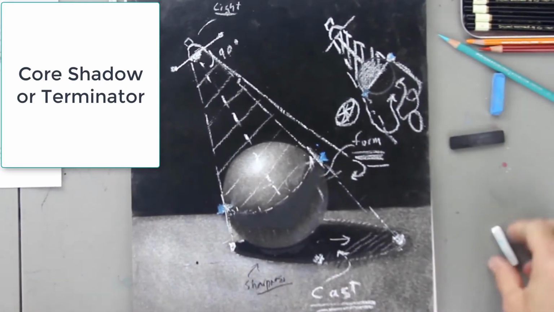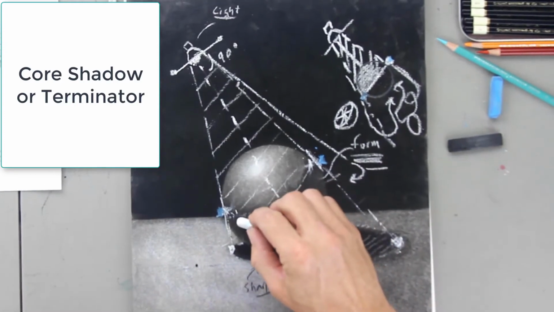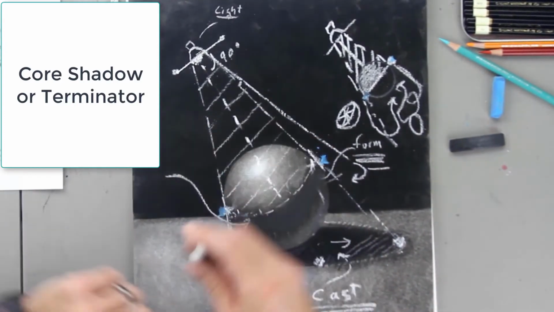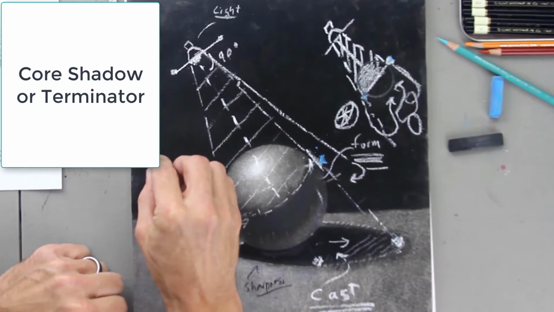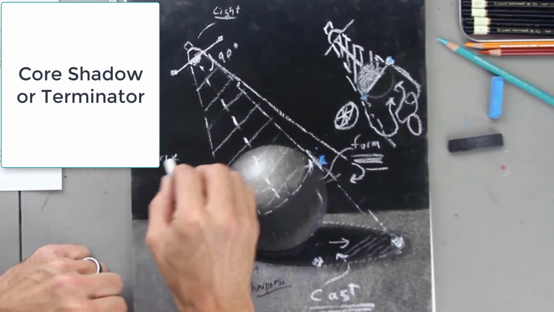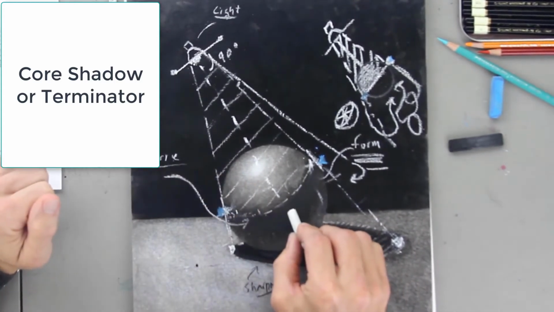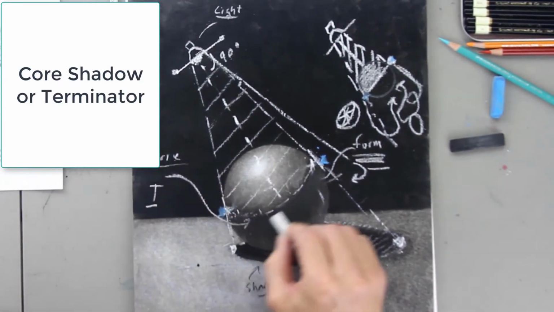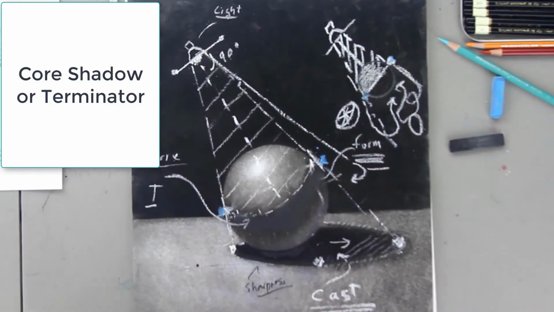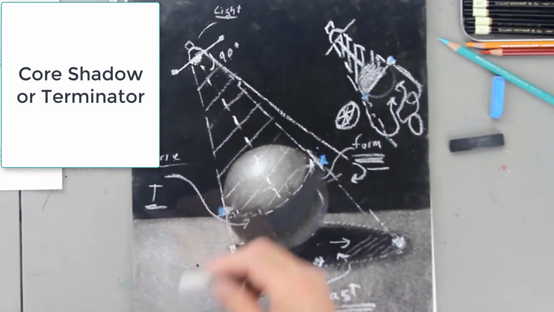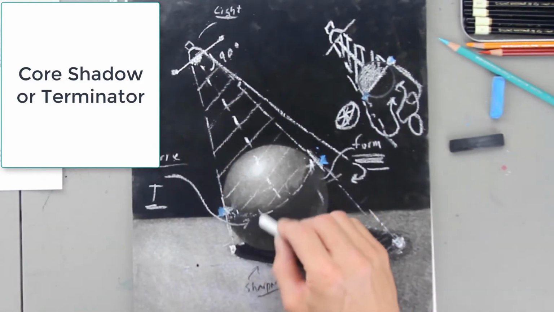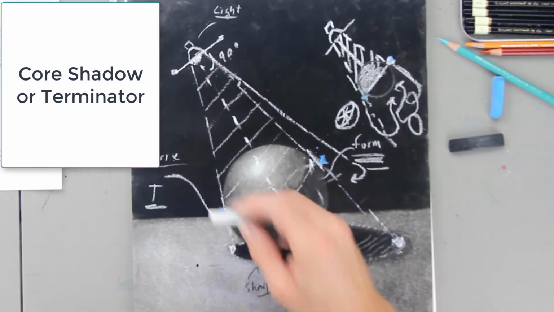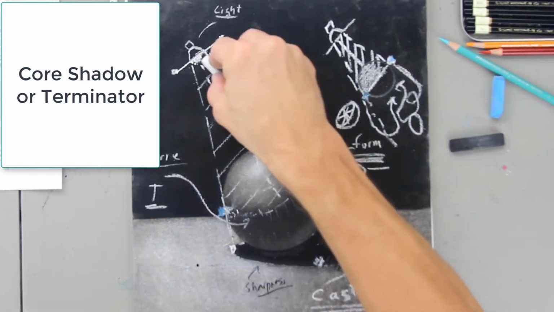This darker area is referred to as the core shadow. It's also referred to as the terminator. You'll find both of these terms in drawing books, and both are fine to use, either core right through here or your terminator.